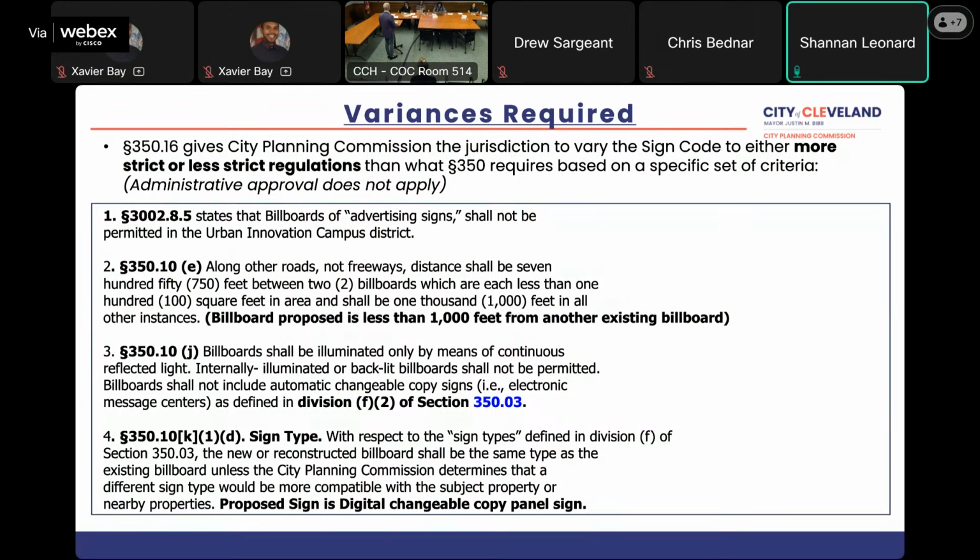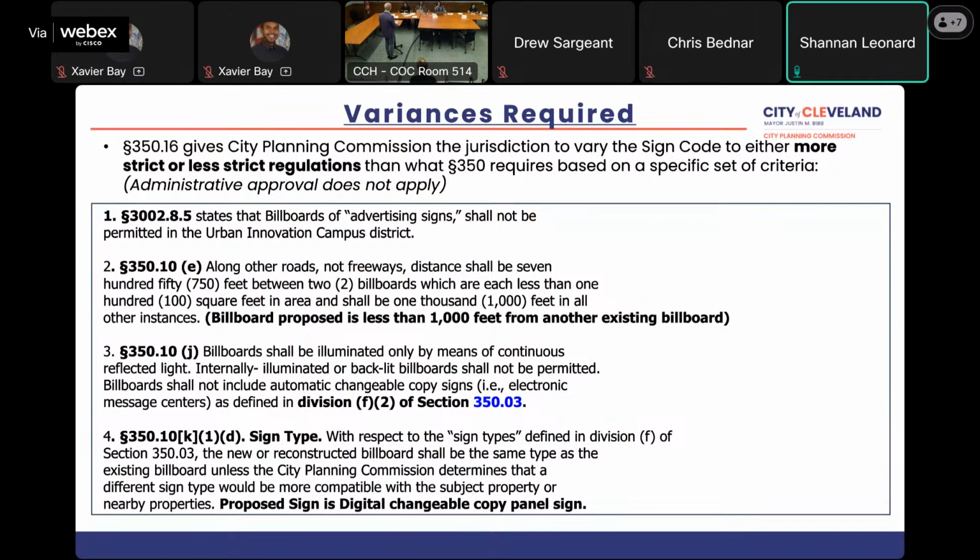They shall be illuminated only by continuous reflected light. Internally illuminated or backlit billboards are not permitted. They should not include automatic changeable copy, and obviously, the sign is automatic changeable copy. It's a monument sign. However, you have the ability to vary the location of a replacement sign, if it makes sense according to the City Planning Commission. Those are the 4 variances needed for this sign.